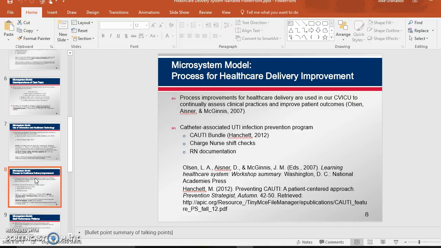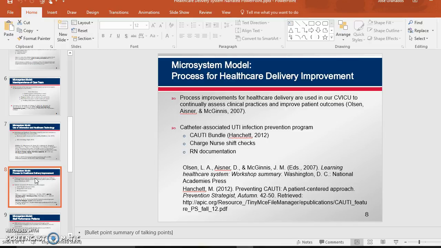interventions that help decrease infection rates, such as making sure that you are doing correct antiseptic technique when applying the catheters, or using stabilizing devices to make sure the tubing doesn't irritate the urethra. Those are just a couple of the interventions in the CAUTI bundle.